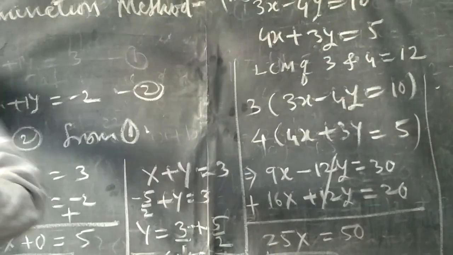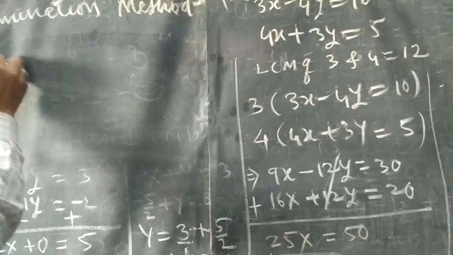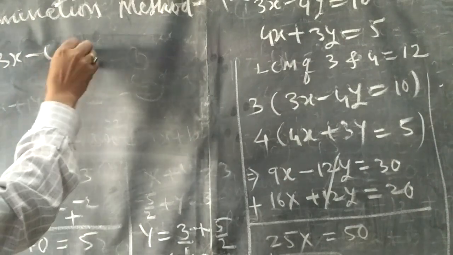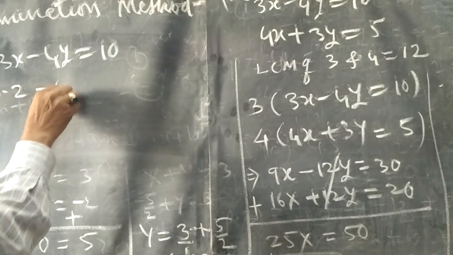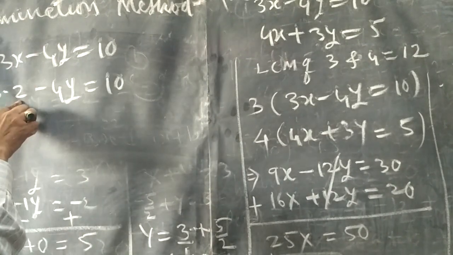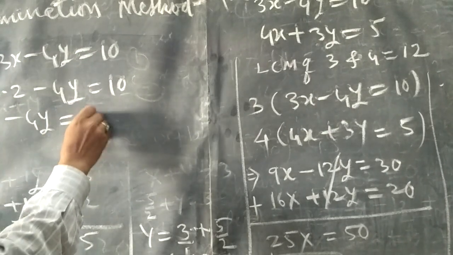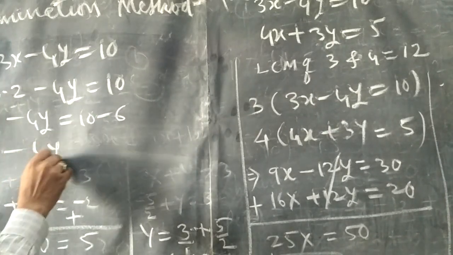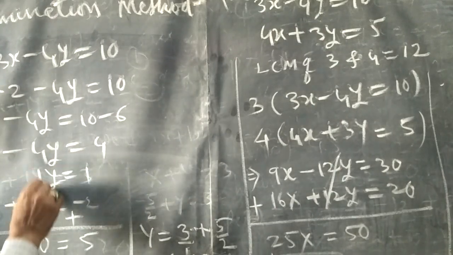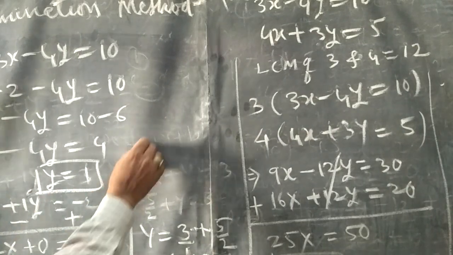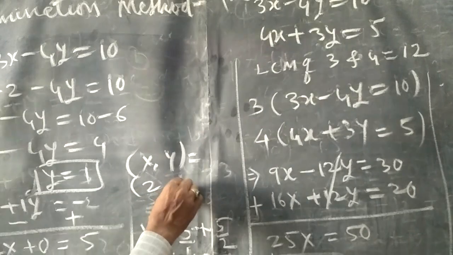I am taking the first: 3x minus 4y equal to 10. Putting x equal to 2: 3 times 2 minus 4y equal to 10. 3 twos are 6, so minus 4y, and 6 will go to the other side. We are in class 10, please be careful. I got y equal to minus 1. Therefore, the solution is x, y equal to 2, minus 1.